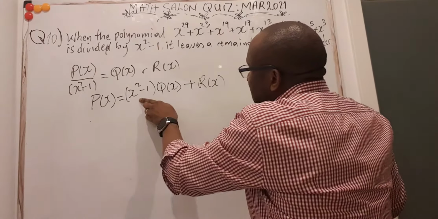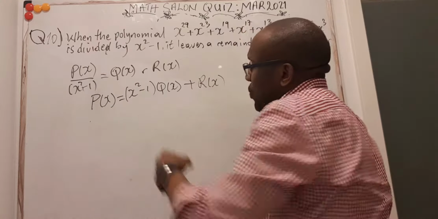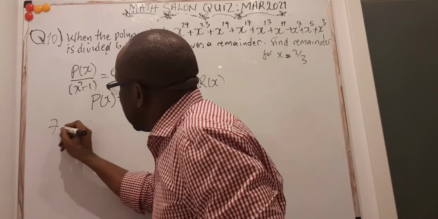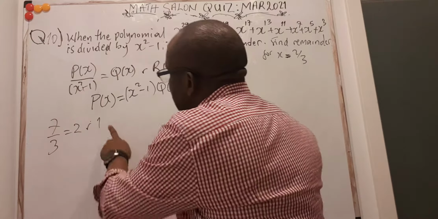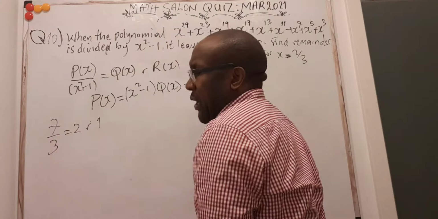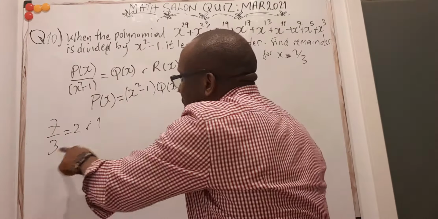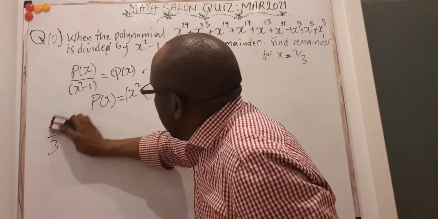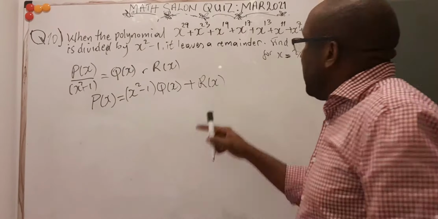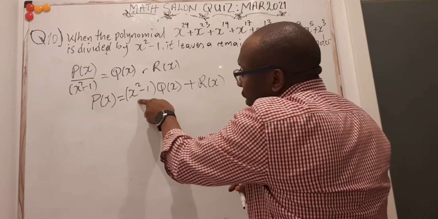What we have to understand is that the remainder should always be smaller than the number that's used to divide, than the divisor. So we had 7 on 3 was equal to 2, remainder 1. The remainder cannot be bigger than 3. If it's bigger than 3, then it has to go one more time. So your remainder should always be smaller. It's the same way here. Our remainder should be a polynomial of degree smaller than this one, and the next lower degree is 1.